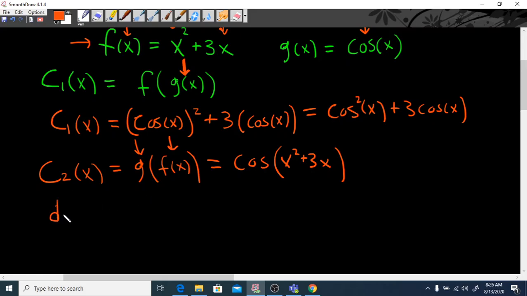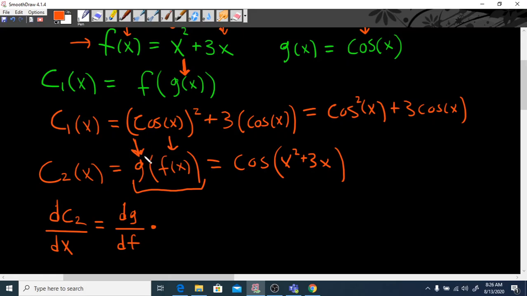If I want to take the derivative of C2, we're going to take the derivative of g with respect to its input. Now its input, as we can see, is no longer x, it's f of x. So this is going to be dg df, multiplied by, then we're going to go inside.